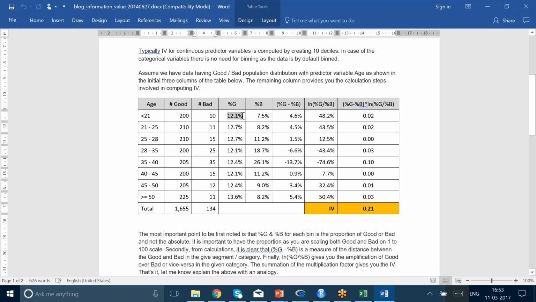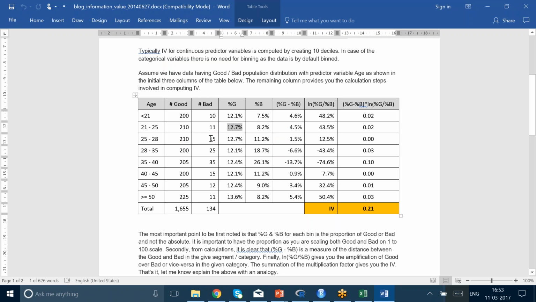What percentage of goods are in this decile? That is 200 divided by 1655. That many goods are in the less than 21 age segment. What percentage of goods are in 21 to 25?